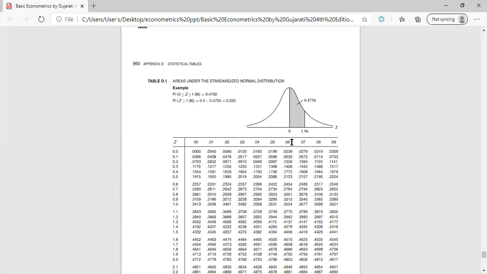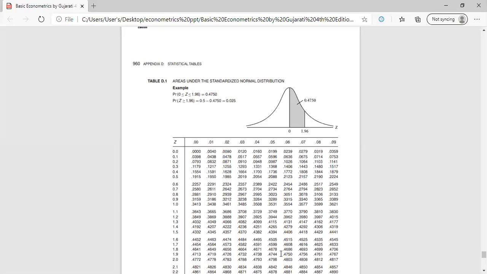1.9 plus 0.06. If you add them, you get 1.96. So you come down with this 0.4750 here, this row and this column intersection, this 0.06 column and 1.9 row.